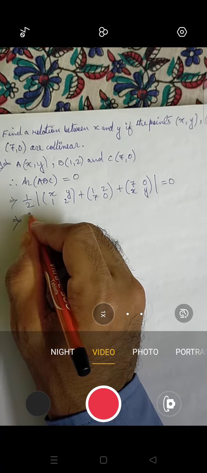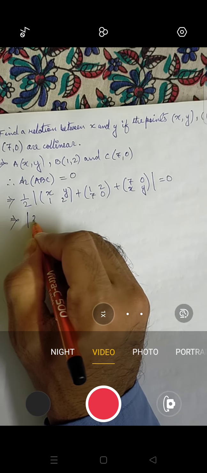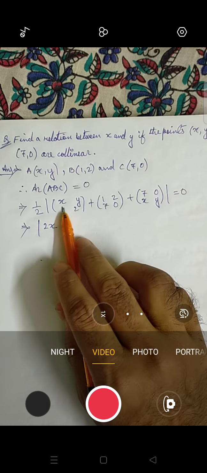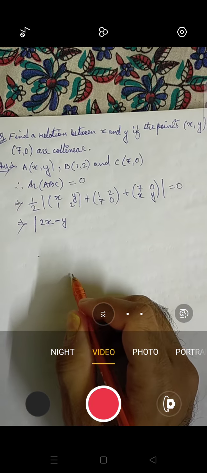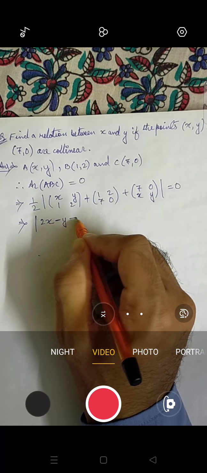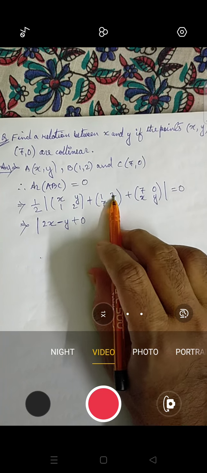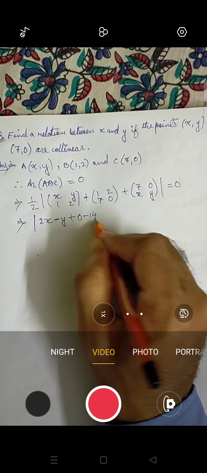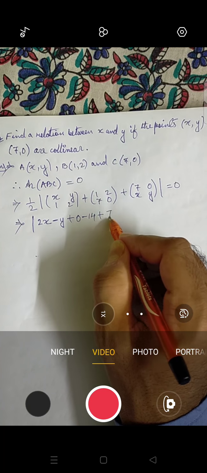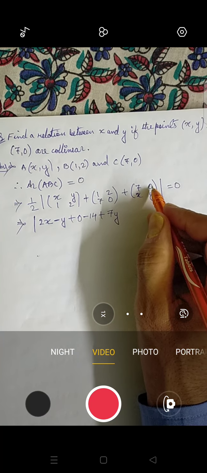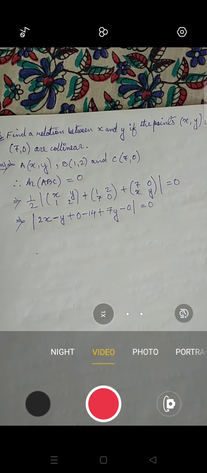So I am taking only the modulus and I will multiply this one. x into 2 is 2x. Now this into this is y, and there will be a minus in between, so minus y. Now plus 1 into 0 is 0, and this into this is 14, in between there will be minus, so minus 14. Now plus 7 into y is 7y, and x into 0 is 0, but there will be minus 0, equals 0. Any problem?